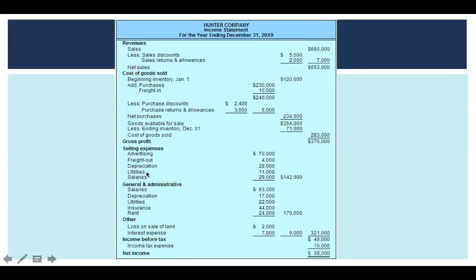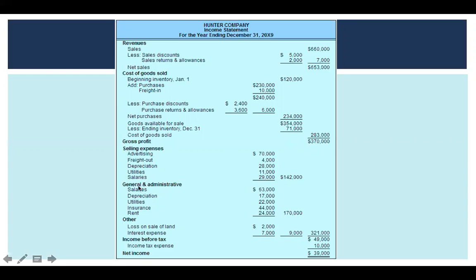Utilities, there's not just one utility. They probably have 3 or 4 or 5 different buckets that roll into this utility category. And then salaries that might be broken down into managers and full-time or part-time employees. But this all rolls up here nicely. So we have $142,000 of what they're categorizing as a selling expense. They've broken that up separately from general and administrative.